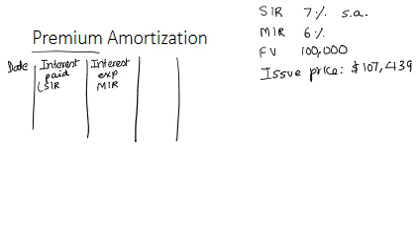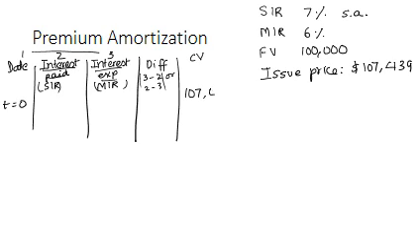The next column is the difference between this column and this column, so the difference between 2 and 3, no minus sign there, the absolute value if you will, and the final column is the carrying value. At time t is equal to 0, the issue price is 107,439.